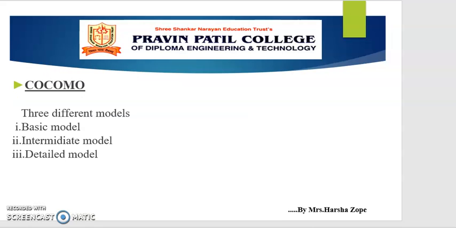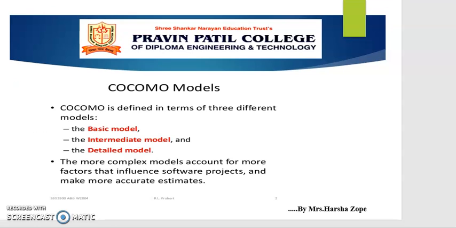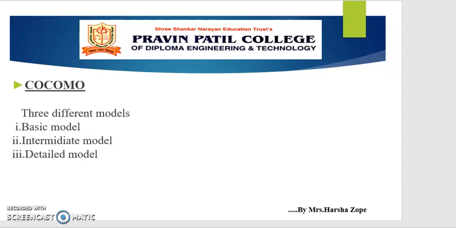Next, we start our COCOMO model. We'll just take an introduction to this COCOMO model. COCOMO is one of the most widely used software estimation models in the world. This model was developed in 1981 by Barry Boehm to estimate the number of man-months it will take to develop a software product.